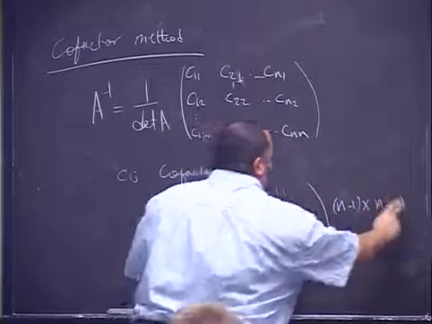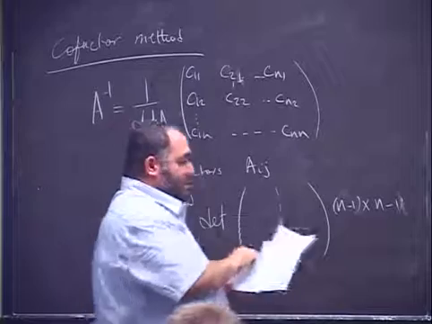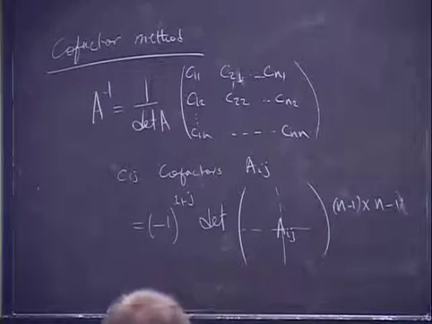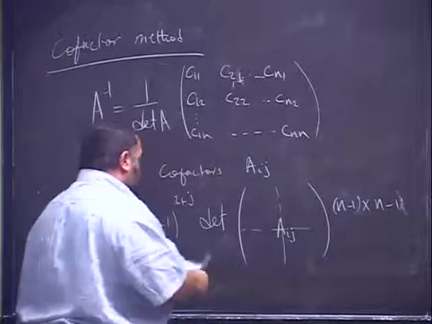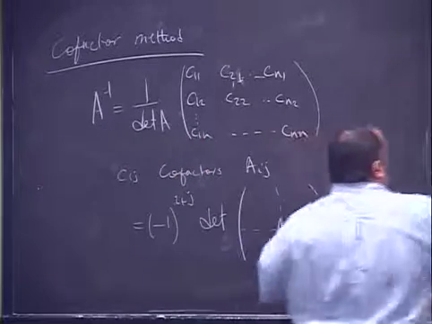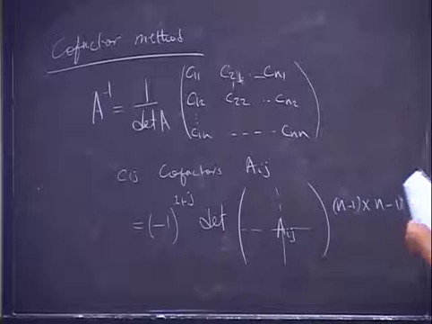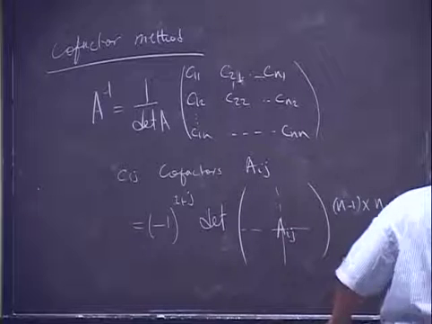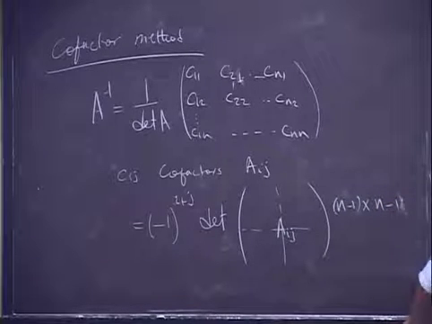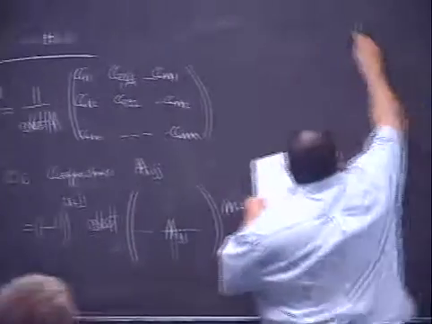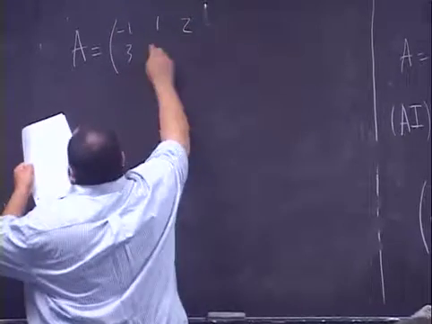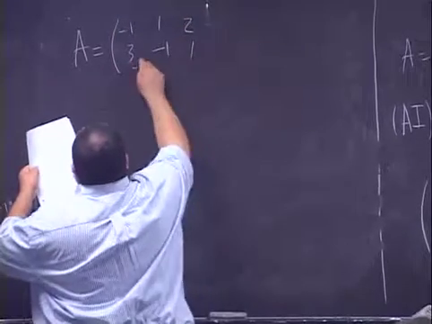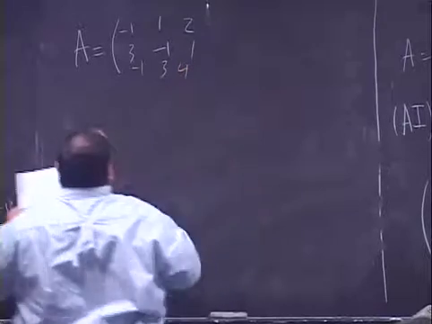So to give you a quick example, if A equals [-1, 1, 2; 3, -1, 1; -1, 3, 4].